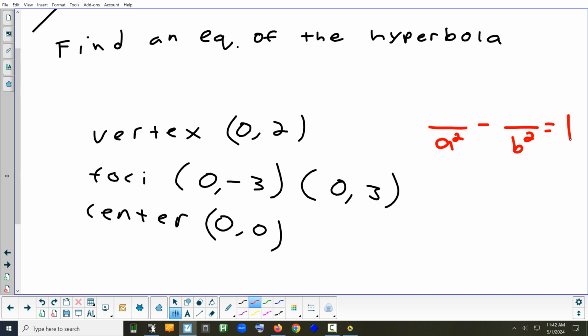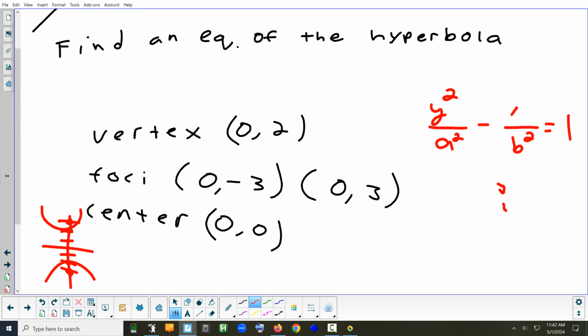Okay, which way does the transverse axis go this time? Vertical. Yep, because your vertex is 0, 2, your foci are 0, 3 and negative 3. There's also another vertex at negative 2, so it has to go basically like that. Okay, so vertical. What letter does that mean I want first? y.